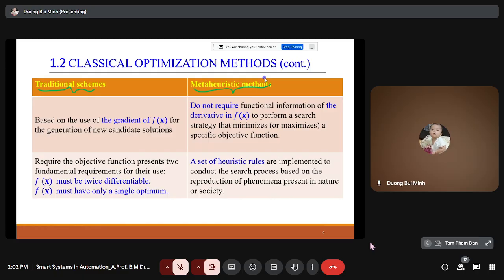For traditional methods, we use the gradient of f(x) to find the best solution. For example, here we have a function like this. This is f(x).